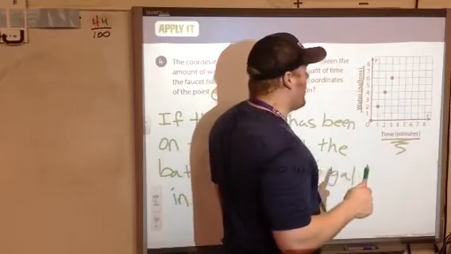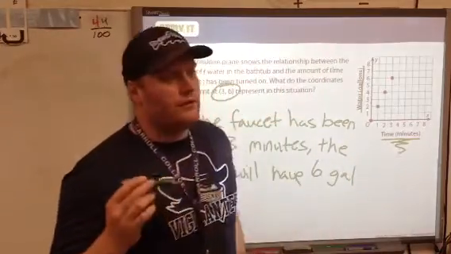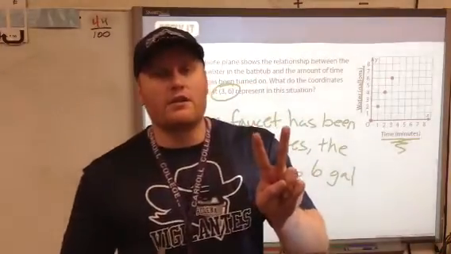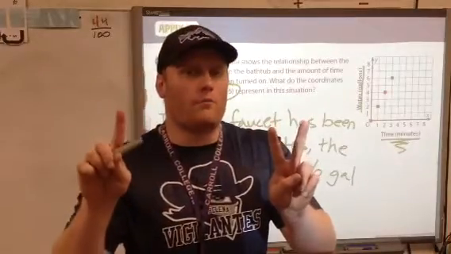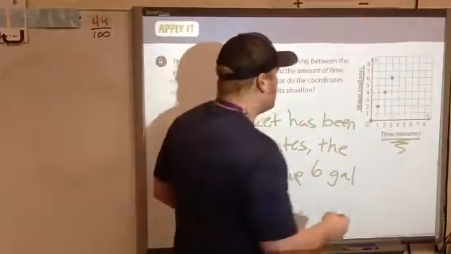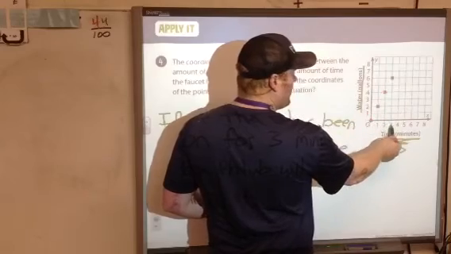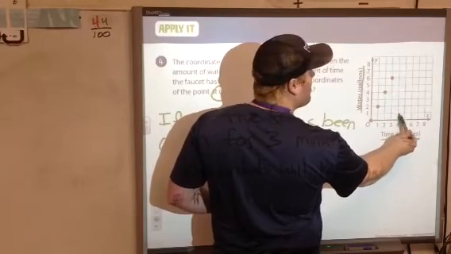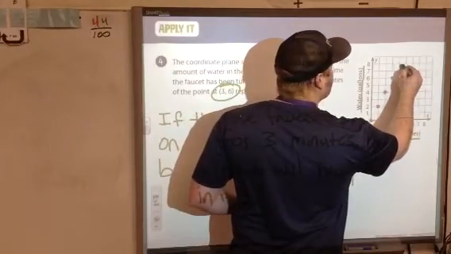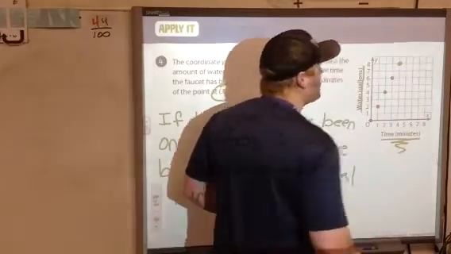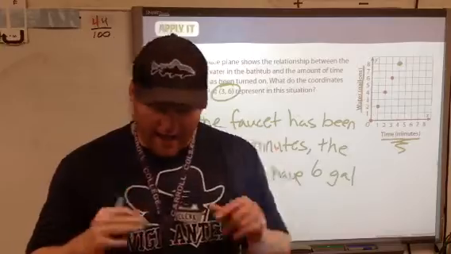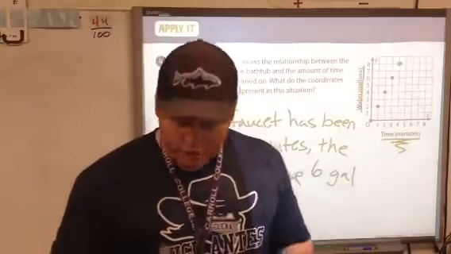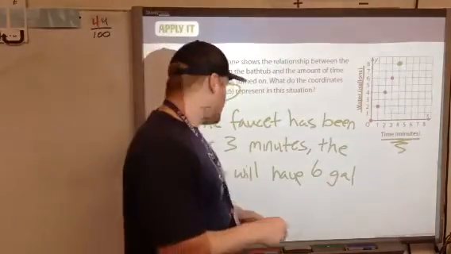I know that if the tub filled up 2 more gallons, the faucet must have been on 1 more minute. So if 6 gallons is filled up with 3 minutes, that means 8 gallons is filled up, and the faucet must have been on for 1 additional minute, meaning it was on for 4 minutes to get 8 gallons. Okay, so you should have letter B circled.